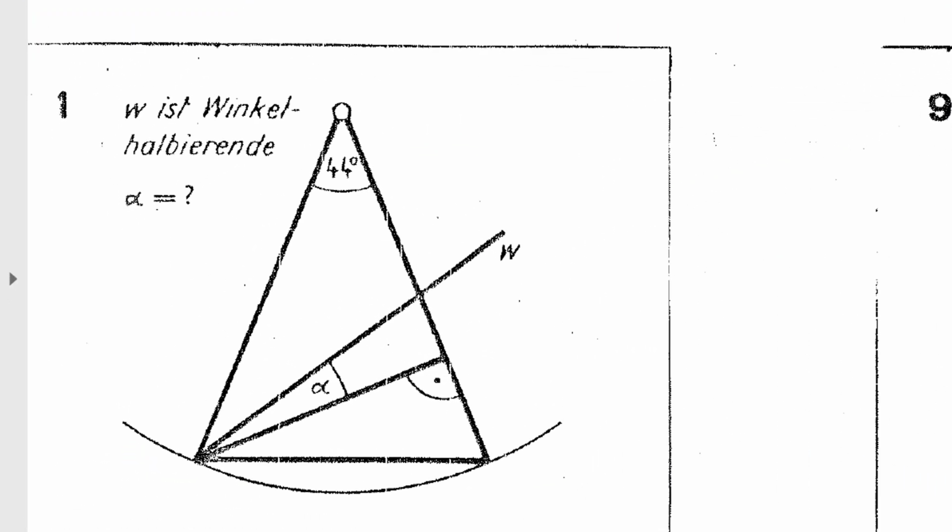Okay, let's go over the first two here. Problems 1 and 9. So the first problem here, this is 90 degrees. This is 44. We know that this is an isosceles triangle because this is the center. And so I know that the corners here are going to be 68. And of course this whole thing over here must be 68 also.